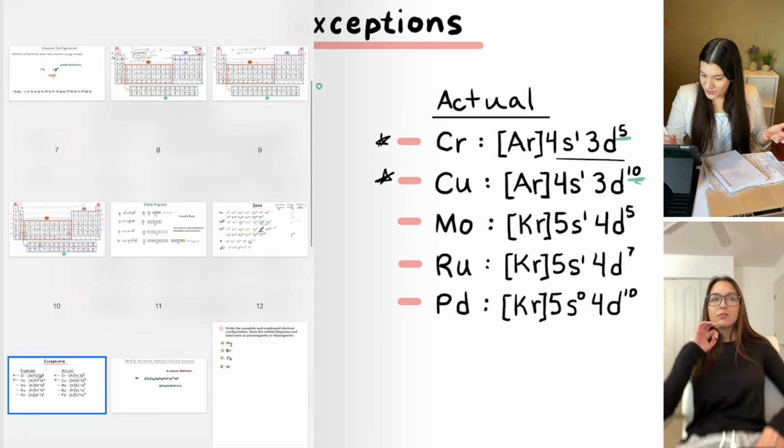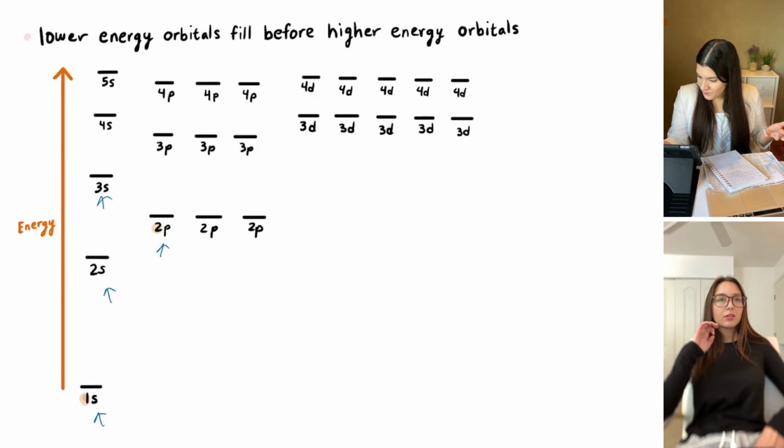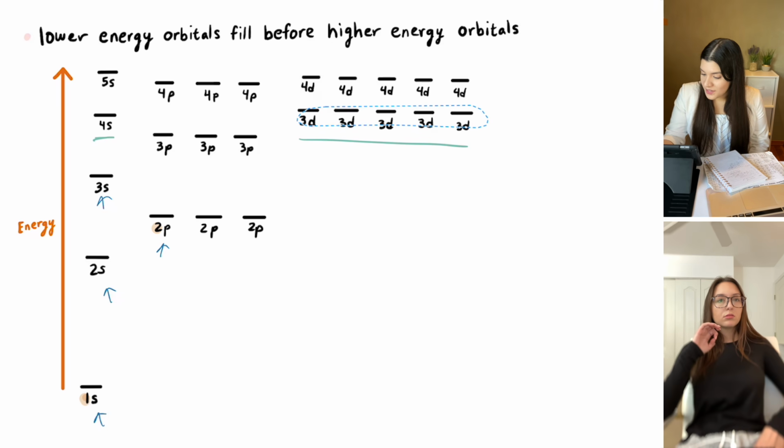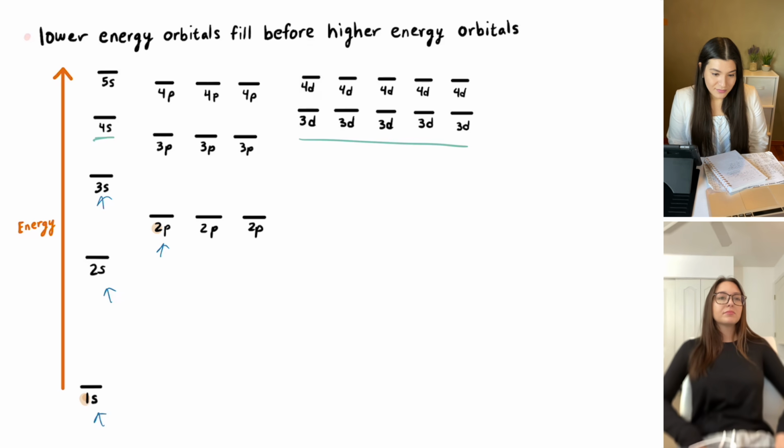If I go back here, 4s and 3d seem almost exactly the same. I'm going to move them up just a tiny bit so you can actually tell. But 3d is actually higher in energy, by a little bit, than 4s. Okay, that's why.